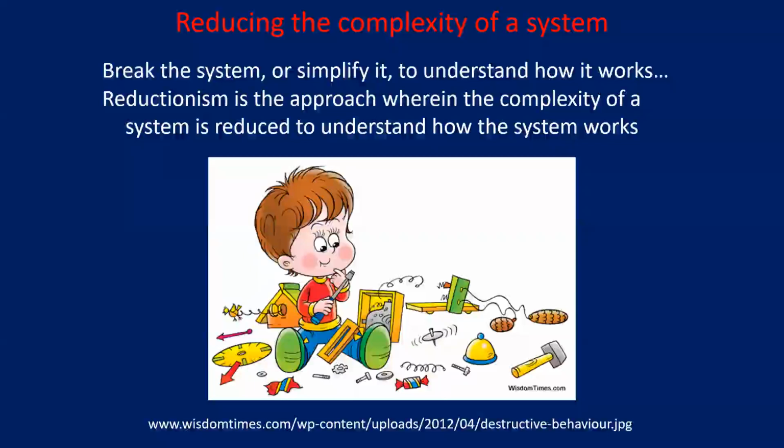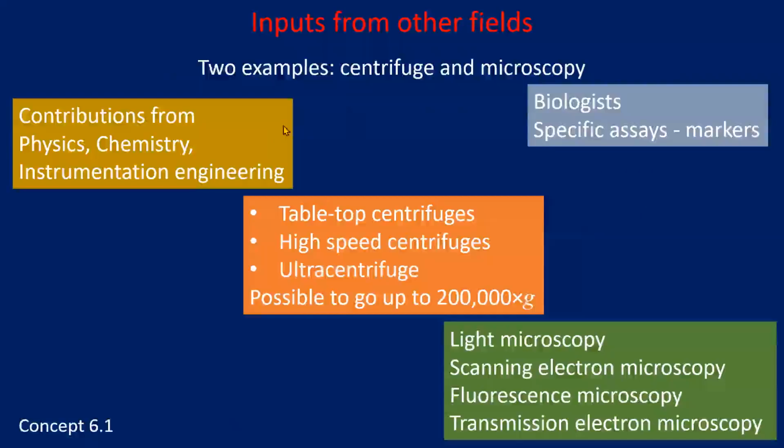And this way, you have this principle called reductionism. So, how do we break it down, and how do we study it? The simplest concept is that you can think about the physical phenomenon, and you can take the contributions from physics, chemistry, and engineering.